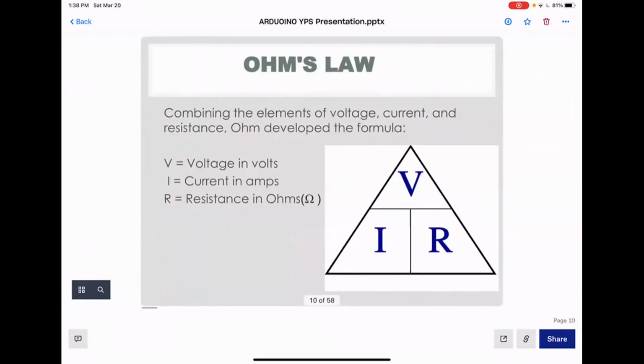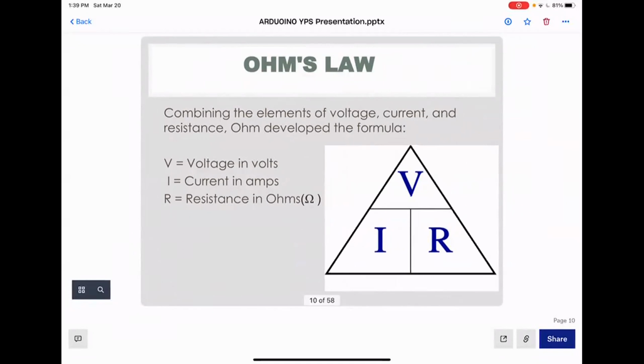And the next one is Ohm's Law. So we talked about voltage, with units in volts, current in amps, and resistance in ohms. This explains the relationship between these 3. If you know 2 of them, say the voltage and resistance values, you can always calculate the third.